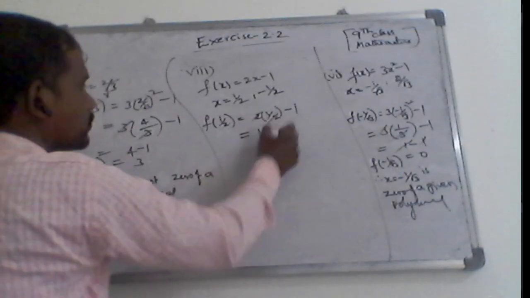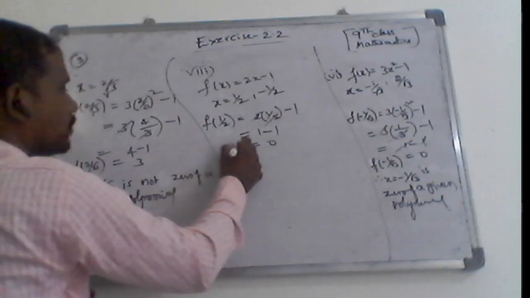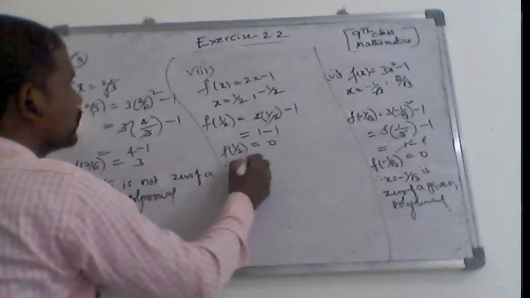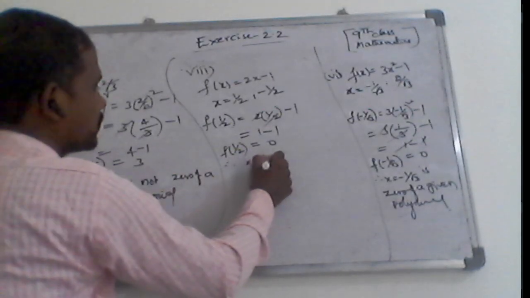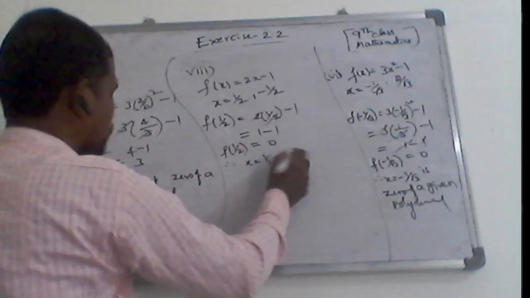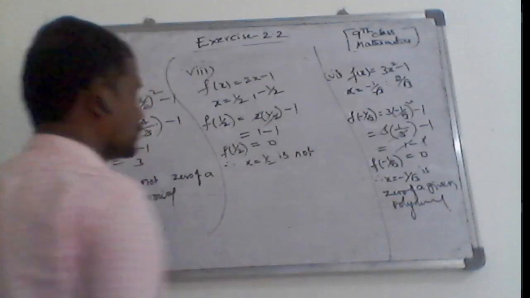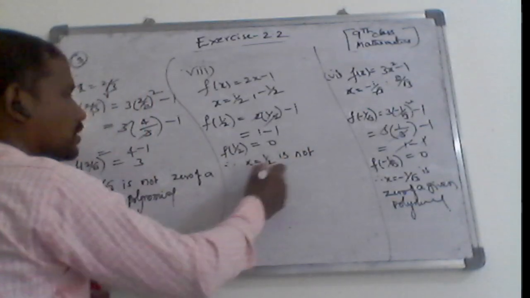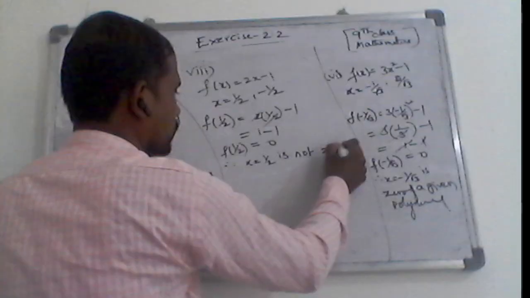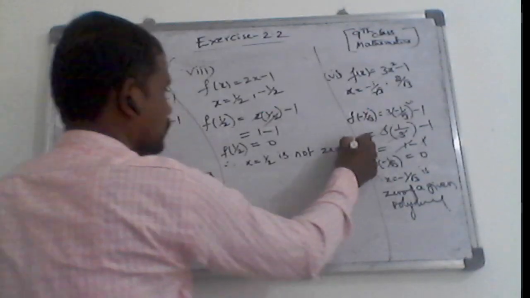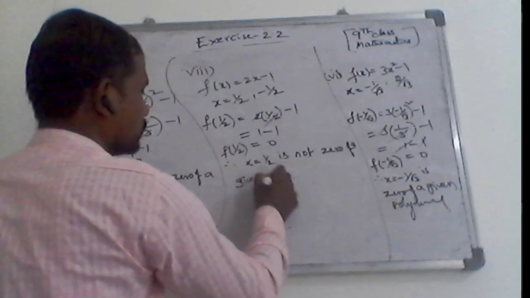The 2s cancel, 1 minus 1 equals 0. F of 1 by 2 equals 0. Therefore, x equal to 1 by 2 is a zero of the given polynomial.